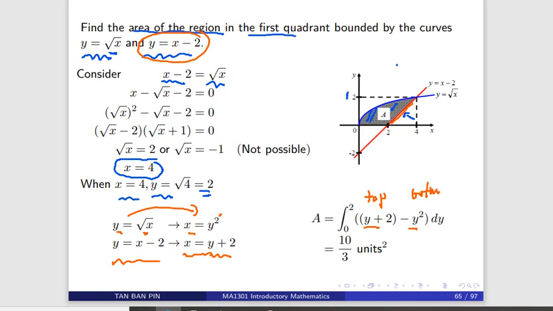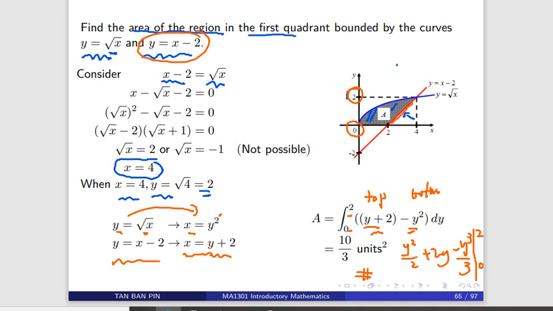And then you consider the y value is from 0 to 2. So integrate from 0 to 2, y plus 2 minus y squared. You just do the integration, so it's y squared over 2 plus 2y minus y cubed over 3. Then you sub in 0 and 2. You get 10 over 3 as the answer.